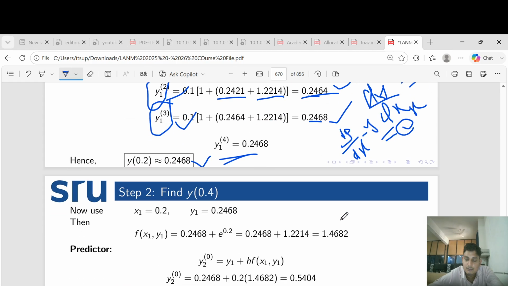This is a first order differential equation, so the integrating factor is e to the power minus integral dx, so this becomes e to the power minus x.